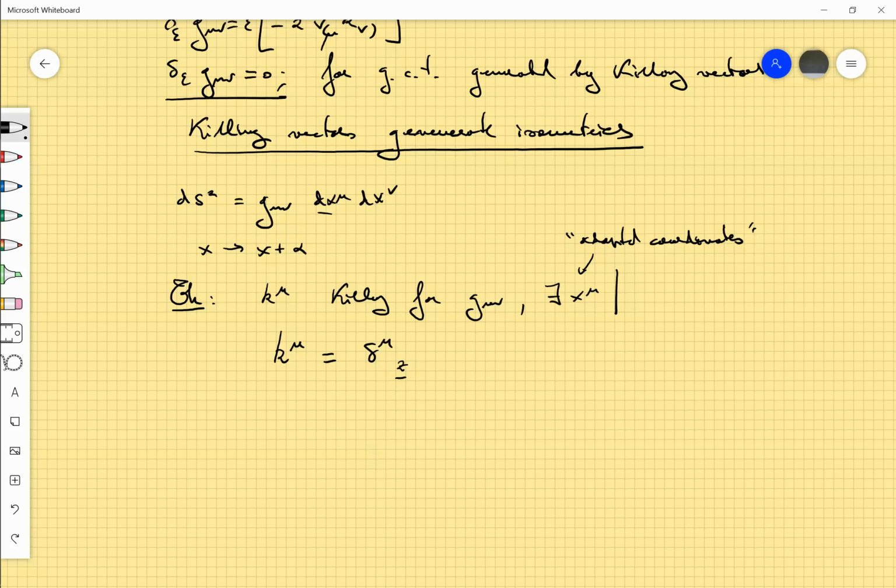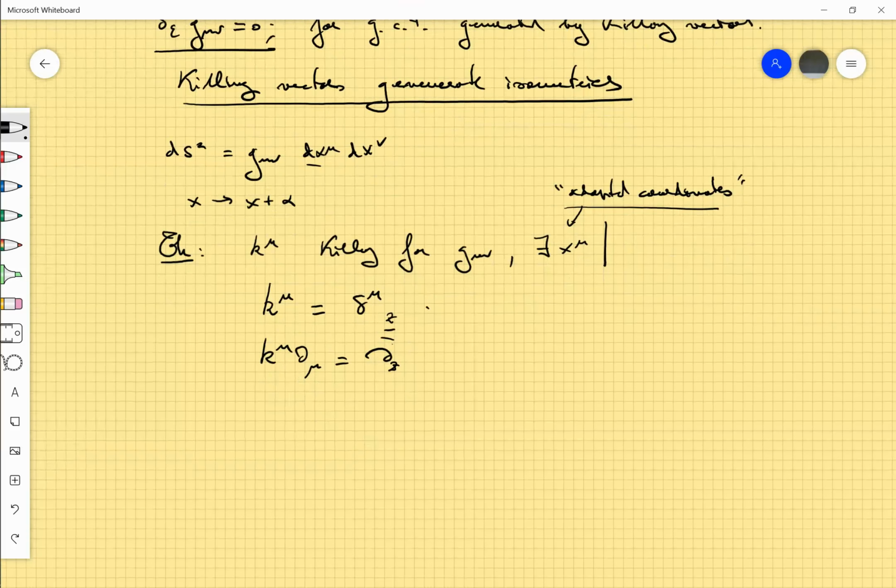So this is why we talk about adapted coordinates in plural, but this is the adapted coordinate. This means that k^μ ∂_μ is just a partial derivative with respect to this coordinate. And this is the first fact, and the second fact is that the metric is independent of that coordinate.